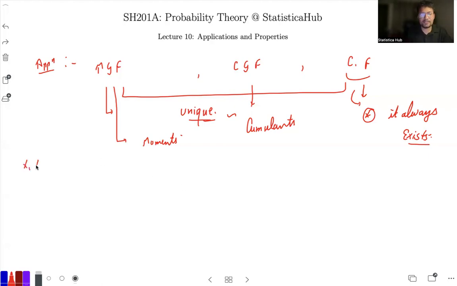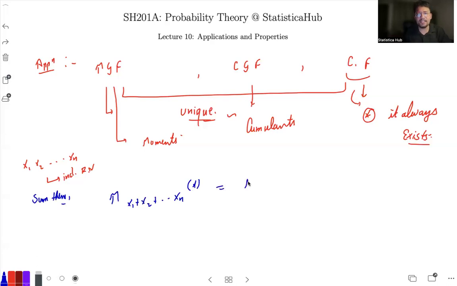If you are given X1, X2, and so on up to Xn, and they are independent random variables, I'm not saying anything about identical, I'm simply saying they are independent, and you sum them, then the MGF of their summation X1 plus X2 plus so on up to Xn at t comes out to be simply M_X1(t) times M_X2(t) times so on M_Xn(t).